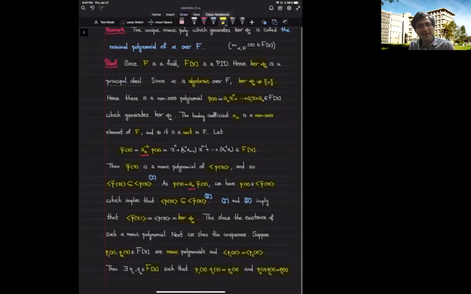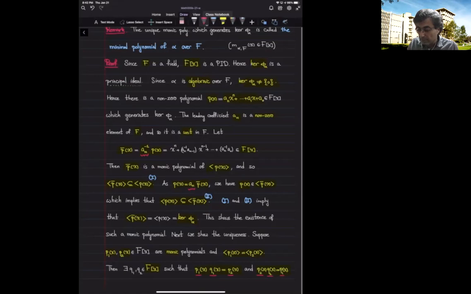Now, when I compare the degrees of both sides, I deduce that degree of P1 plus degree of Q1 is degree of P2, but also degree of P2 plus degree of Q2 is degree of P1. And notice that these are non-zero polynomials. Therefore, that implies degree of P1 should be degree of P2.